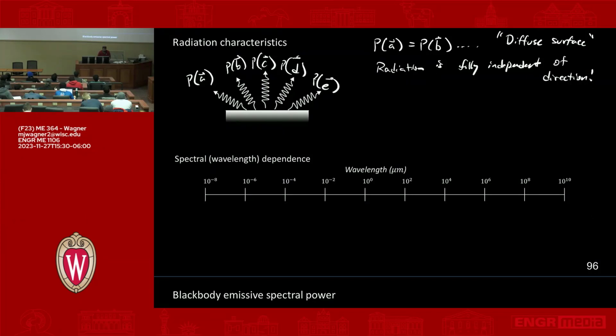If we looked at solar radiation, it's going to be in this range here. Right about here, this is solar. The solar radiation, like 99.9% of everything emitted from the sun, falls in that range.